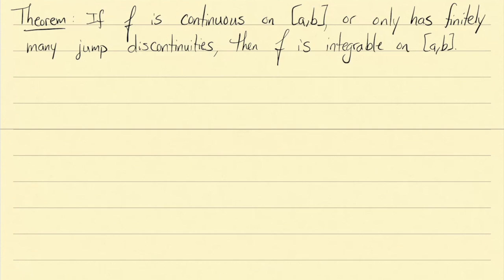This theorem says that if f is a sufficiently nice function, where sufficiently nice means either continuous or has only finitely many jump discontinuities on an interval from a to b, then f is an integrable function.